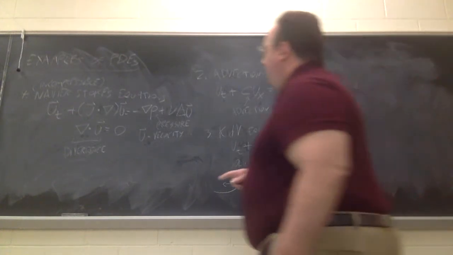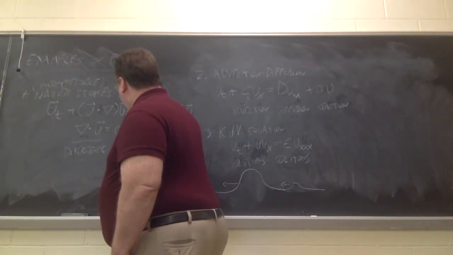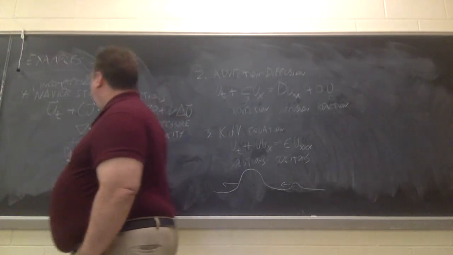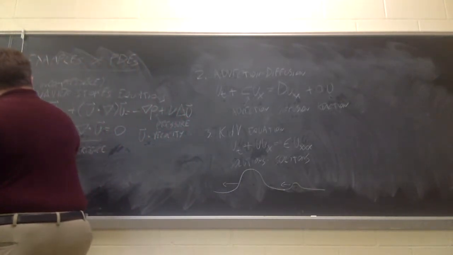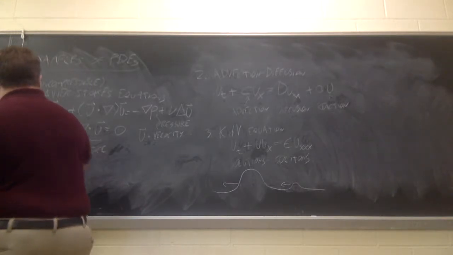So, now what is a divergence? If I write u having 3 components, u1, u2, u3, that represent x, y, and z components.